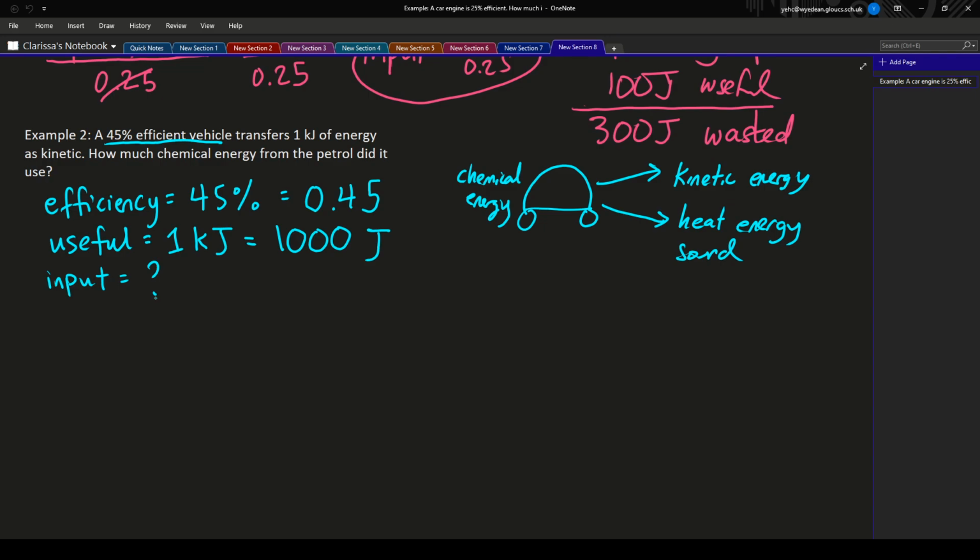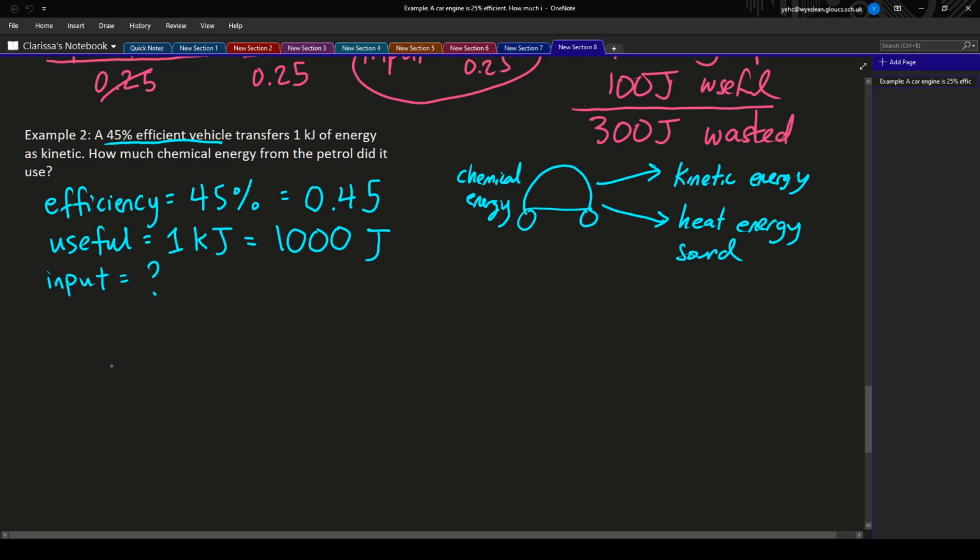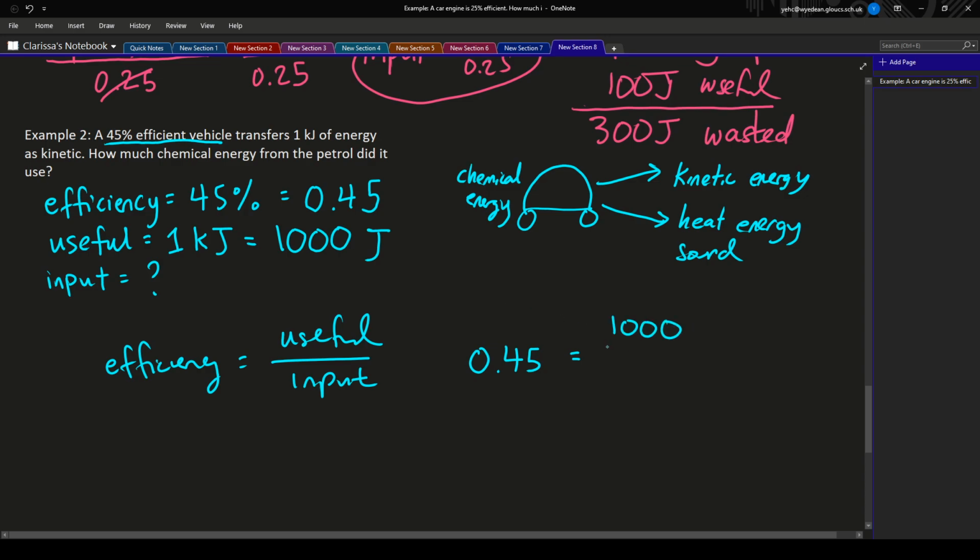So now I have my list. Going to write out my formula. Efficiency equals useful over input. Efficiency is 0.45, I'm substituting that in, equal to useful, my list says 1,000, over input.